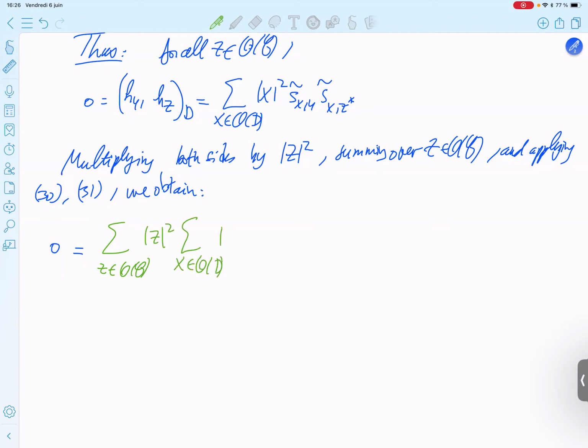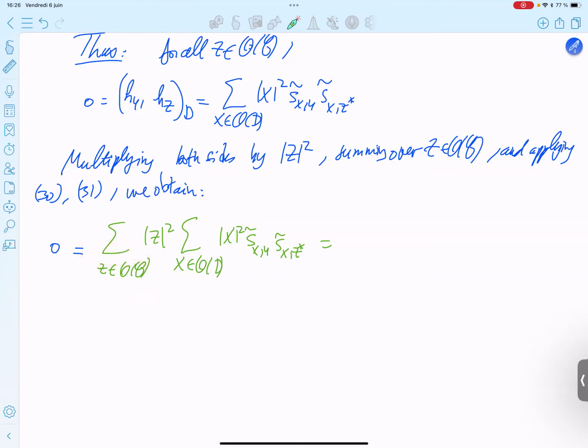Just do what is written. Here you change the variable, because you make a sum over all z.